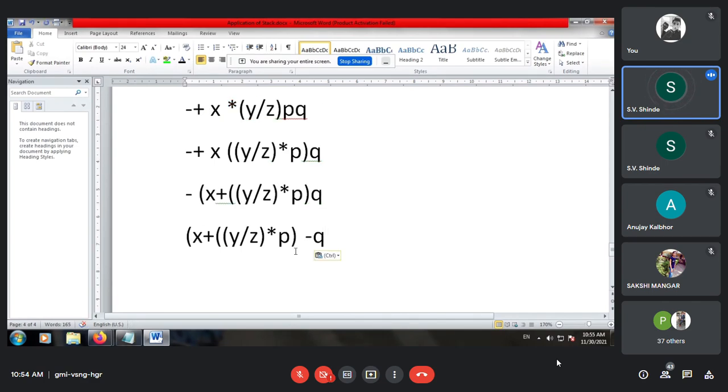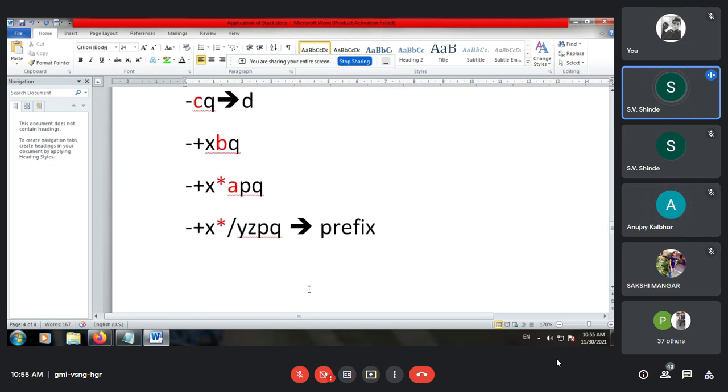So after your expression has been evaluated, you can simply remove this parenthesis. It is not required now, and check whether you are getting the same result as the original one.